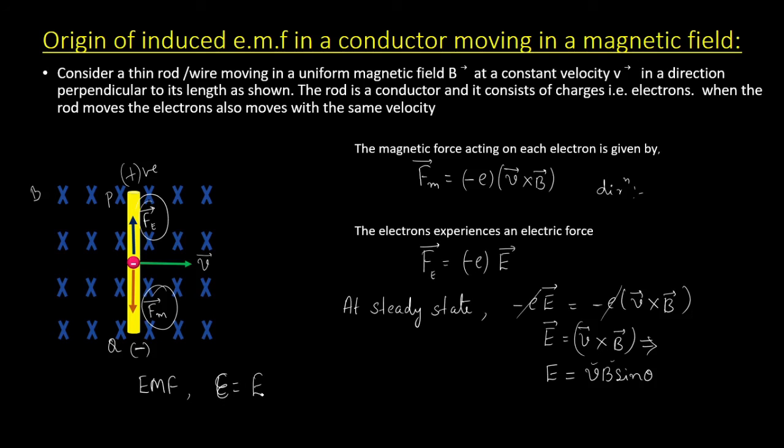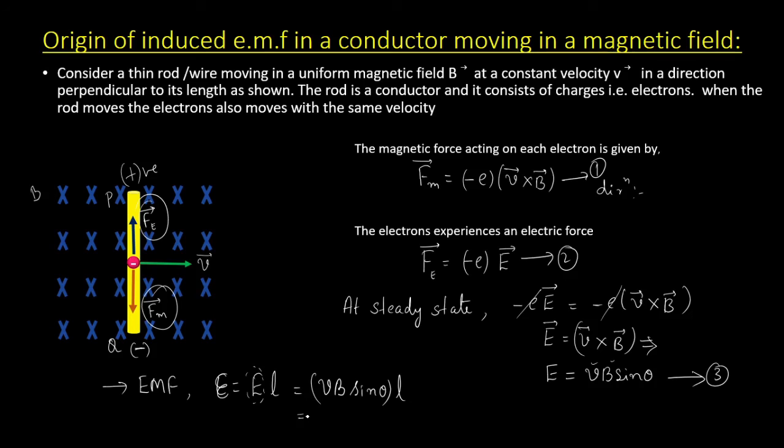In this case it will be L. Now using equation number 3 here, in place of E, I can write the EMF is equal to VB sine theta into L, or if I rearrange it, I can write this as VBL sine theta.